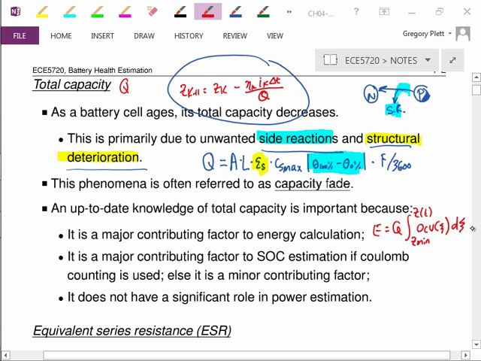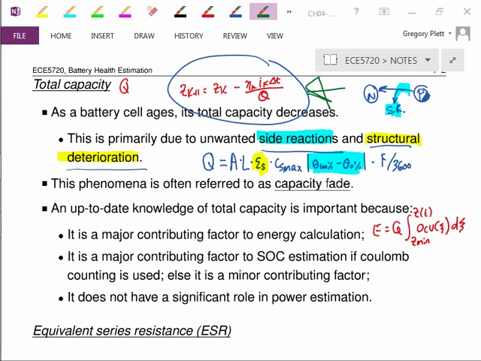Capacity is also important in the Coulomb counting equation. So we identified that up here. That's where it really shows up in our models. So if we are using Coulomb counting alone to do SOC estimation, then a change in capacity really needs to be identified, or else that Coulomb count is not going to be accurate.